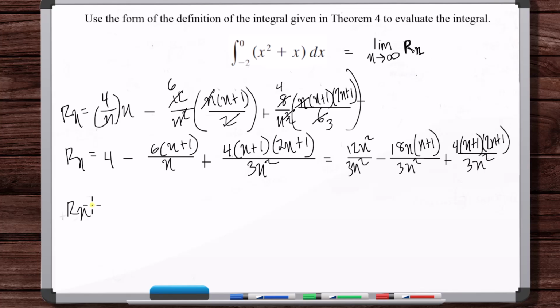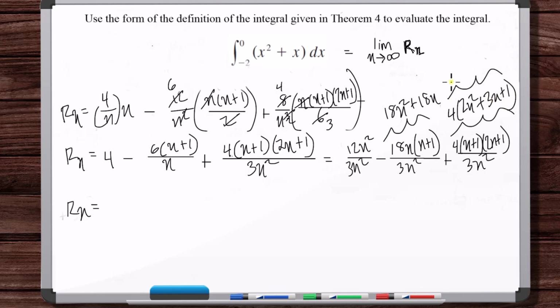So this here is 18n squared plus 18n. This here is 2n squared plus n plus 2n is 3n plus 1. So 8n squared plus 12n plus 4.